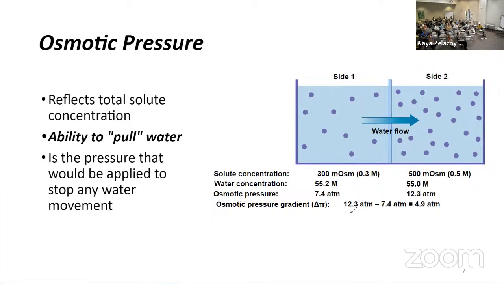So if we wanted to express this gradient, we could just subtract. Since we're talking about a pressure gradient, we'd subtract the lower pressure from the higher pressure, seeing that this is kind of like our pressure and our force per movement. I won't make you do those pressures, but that idea of osmotic pressure gradients will come back in the future.